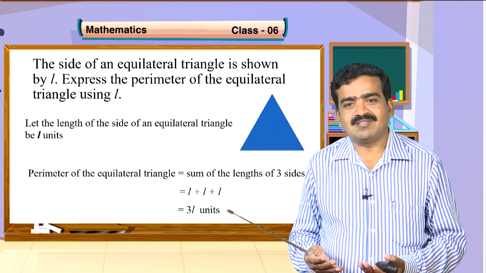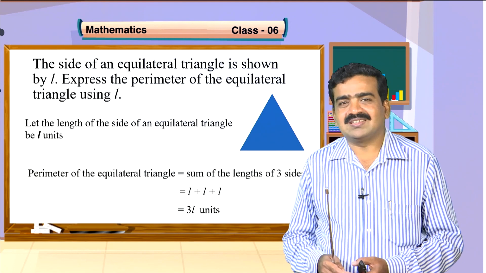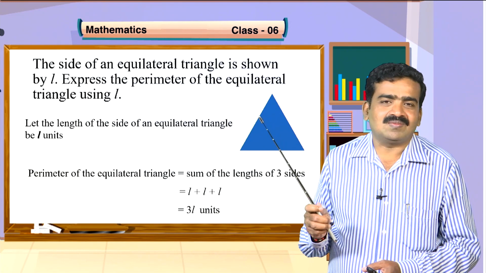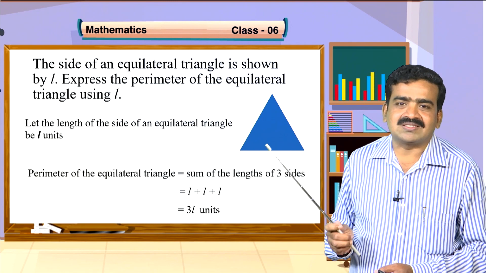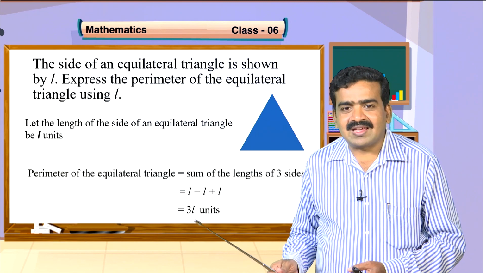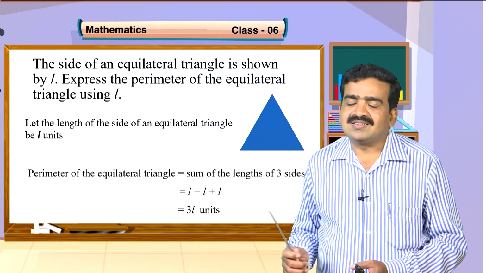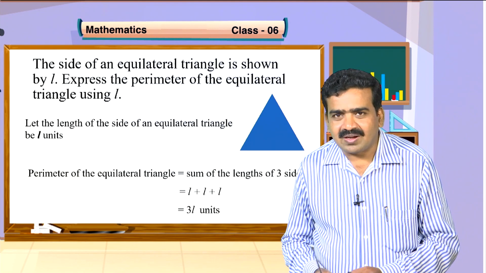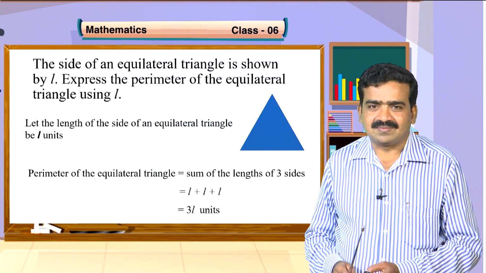If it is centimeters, you will get 3L centimeters. If it is meters, 3L meters. For example, if it is 10 centimeters, then 10 plus 10 plus 10, you get 30 centimeters. Simply, we can calculate 3 into 10, 30 centimeters. Like this, we can calculate the perimeter of the equilateral triangle.